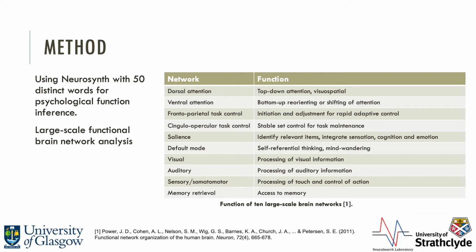We then performed 2 contrasts, including IN versus RJ and IN versus SJ. Then we performed the large-scale functional brain network analysis in order to map the activation in the results to different brain networks. We also used Neurosynth to perform reverse inference in order to identify the psychological functions associated with the activation in the results.